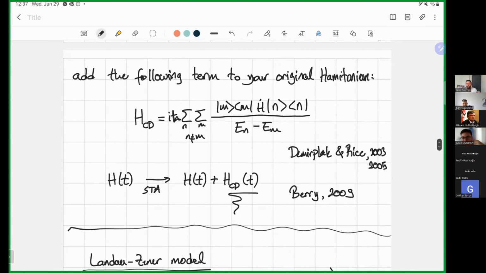In this case, n and m are the energy eigenvalues and eigenstates, so they run from 1 to 2, both of them, but they cannot be 1 and 1 or 2 and 2 at the same time. So what you basically have is the 1, 2 plus 2, 1 combination.